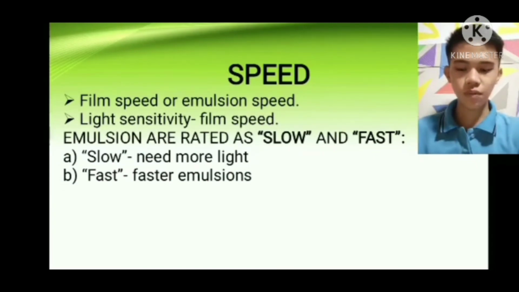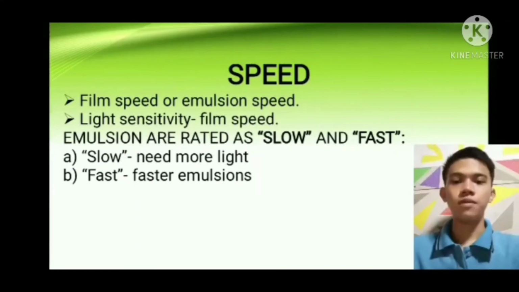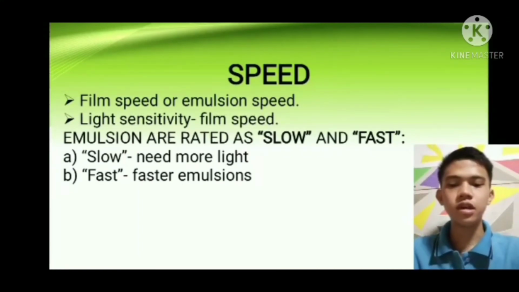It is a measurement of an emulsion's ability to produce a certain density under controlled exposure conditions. Emulsions are rated as slow and fast. Slow emulsions need more light in order to yield an acceptable image. Fast are relatively faster emulsions.